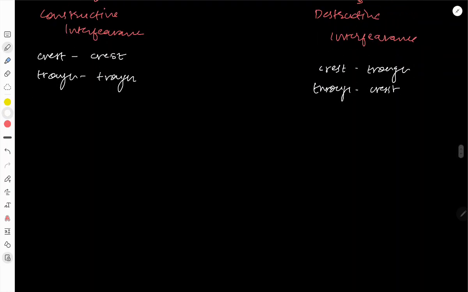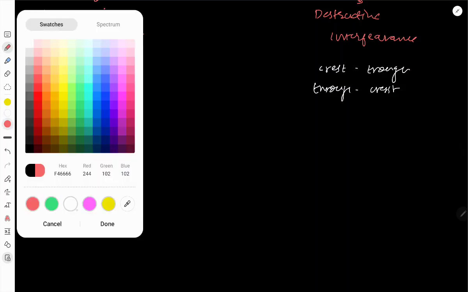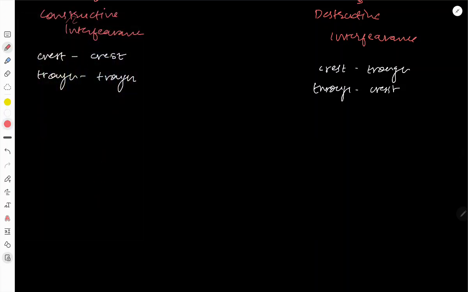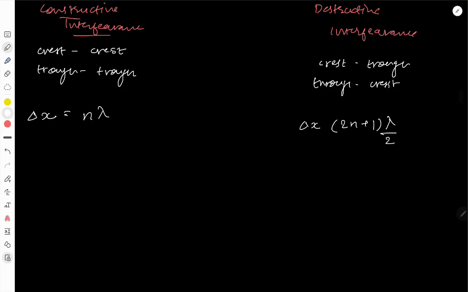So in the situation of constructive interference, the path difference, which we have derived in the chapter of waves, is an integral multiple of lambda, while in destructive interference it is an odd multiple of lambda by 2.